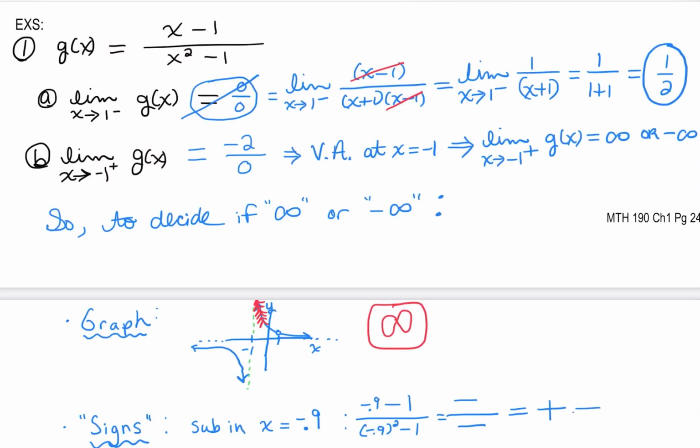And you already knew your answer was going to be either infinity or negative infinity, so now you've decided this is going to positive infinity, or again, you could just say infinity. So either of those would be valid techniques, I think, for deciding if it's going to infinity or negative infinity.